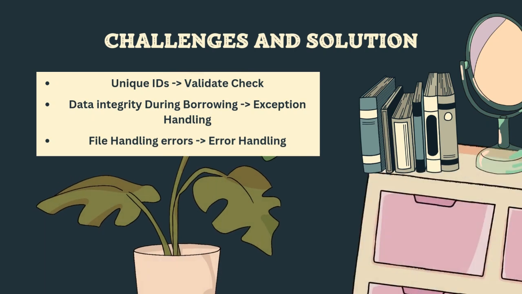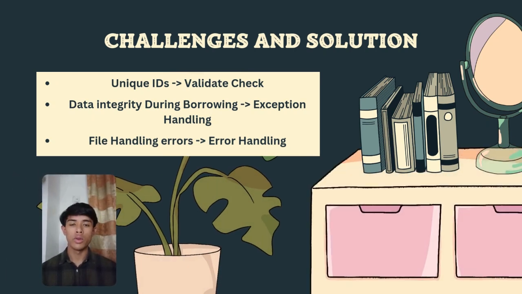Okay, for challenges and solutions. During development, we faced a few challenges. First, ensuring unique IDs. Both books and borrowers require unique IDs. We solved this by implementing validation checks when adding new entries. Second, data integrity during borrowing.